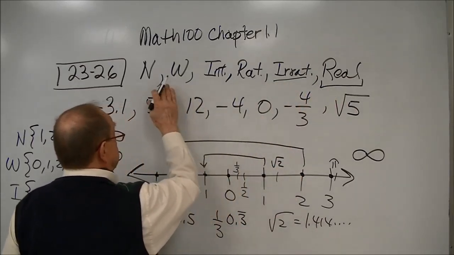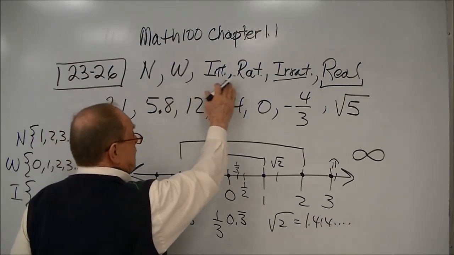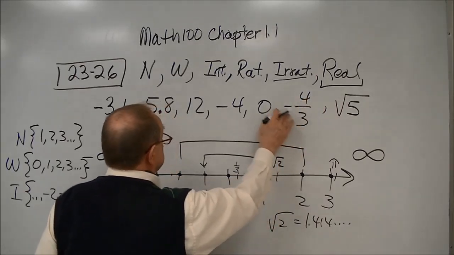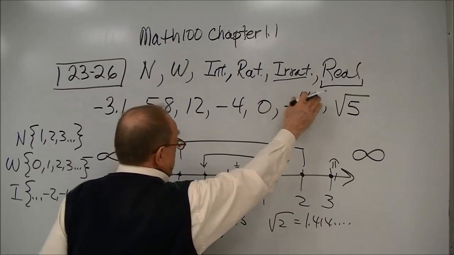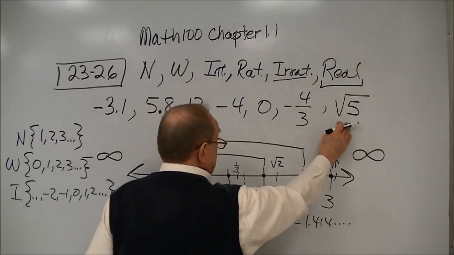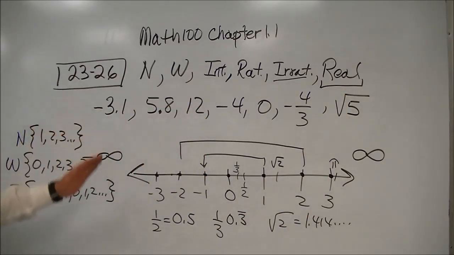And 0 is a whole number, it is an integer, it is rational, and it is real. And this one is rational and real. And here's the only one that's irrational, but it's also real. So a little summary, and hopefully helpful, and something for you to study, because you want to be able to master these skills and end up with right answers.